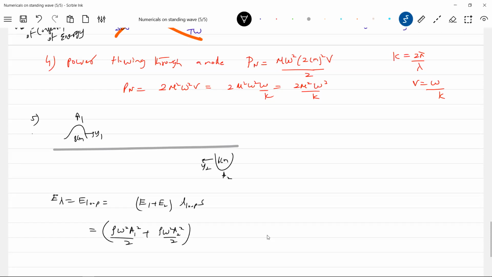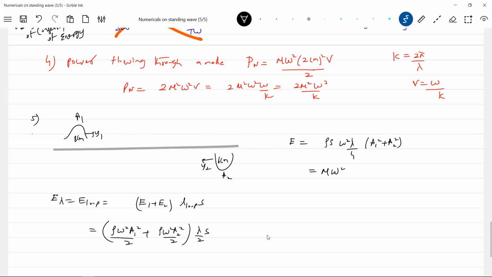What is the length of the loop? It will be lambda by 2 into S. So rho into S, we will write as mu. E is equal to rho omega square lambda by 4 S omega square lambda by 4. Let me write all nearby. What is rho into S? We'll write as mu omega square.